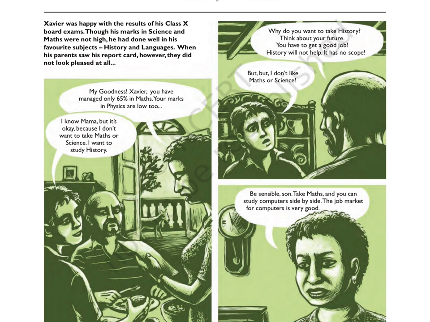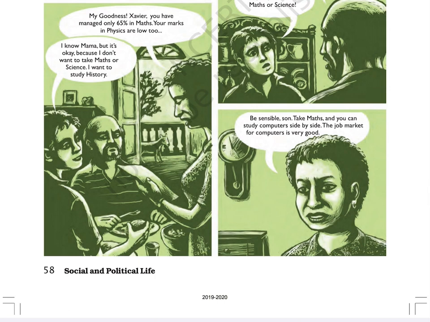"I know, Mama, but it's okay because I don't want to take maths or science. I want to study history." "Why do you want to take history? Think about your future. You have to get a good job. History will not help. It has no scope." "But I don't like maths or science." "Be sensible, son. Take maths, and you can study computers side by side. The job market for computers is very good."